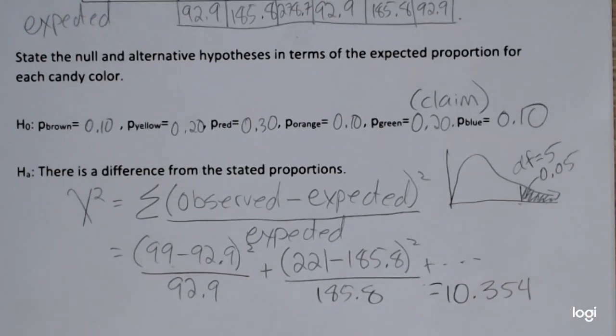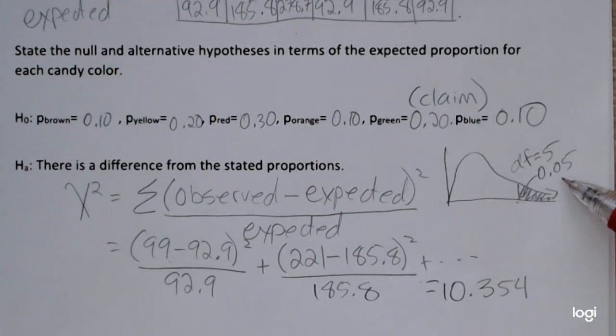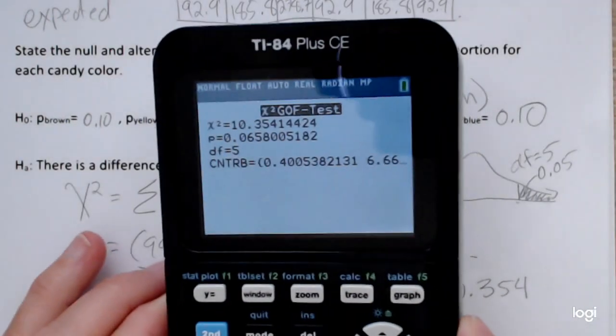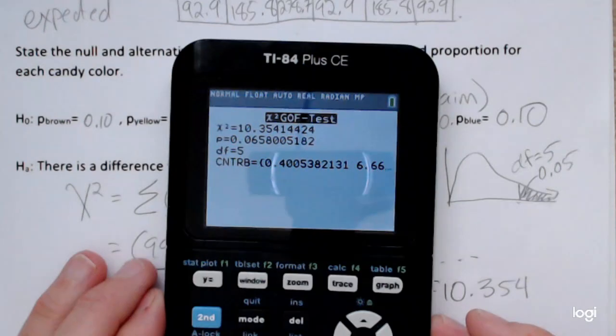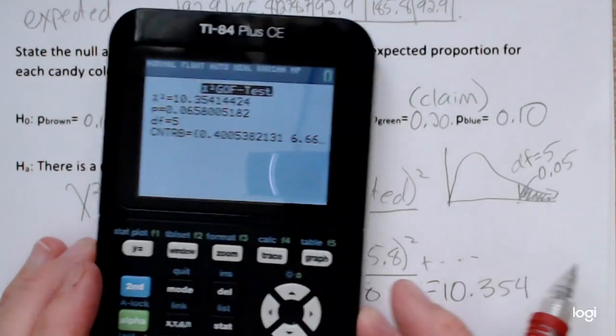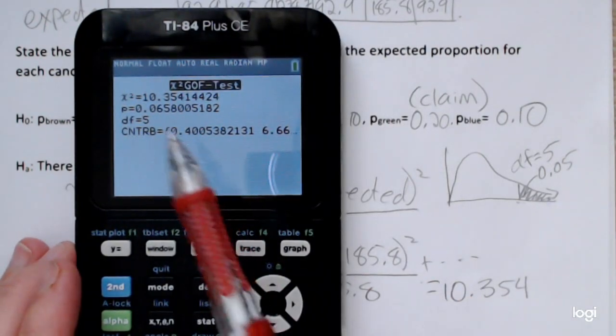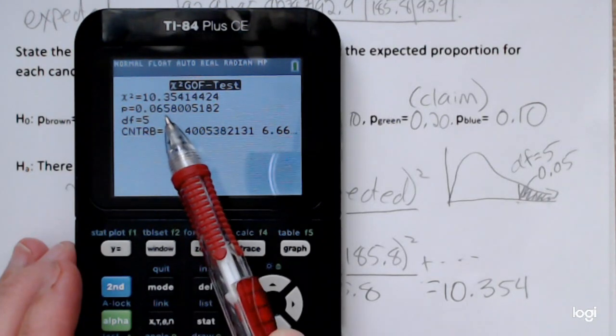Now, going back to my calculator, I'm not going to find the critical value for this problem, but you just have to keep in mind that you would want an upper tail area of 0.05 and your degrees of freedom is 5. I'm going to use the p-value method. What is really nice about the calculator is that it will spit out the p-value for you.